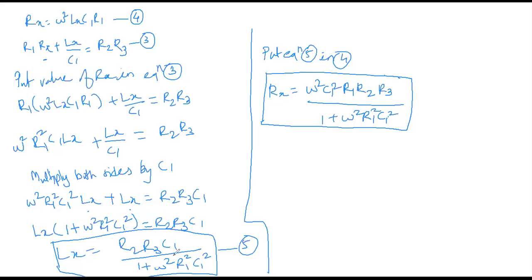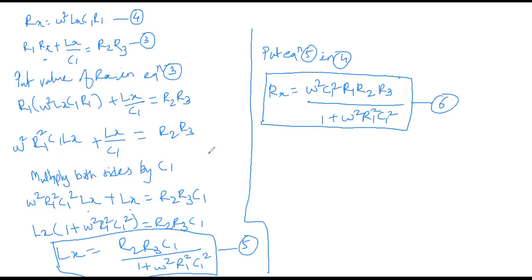So equation number 5 doesn't contain the unknown resistance, and equation number 6 does not contain the unknown inductance. These two equations are the final equations for Lx and Rx.